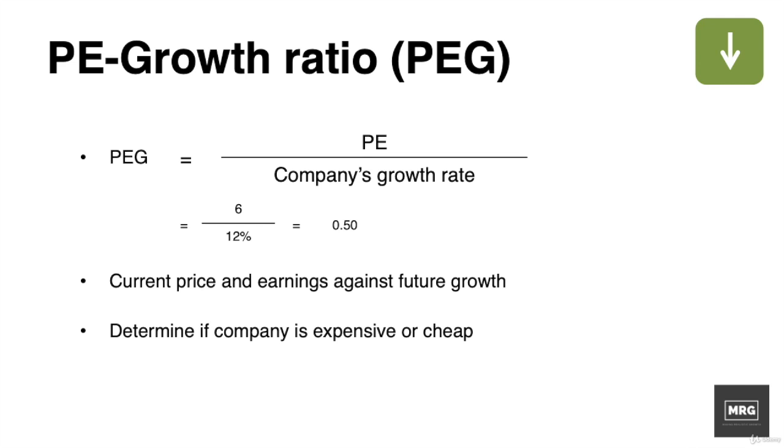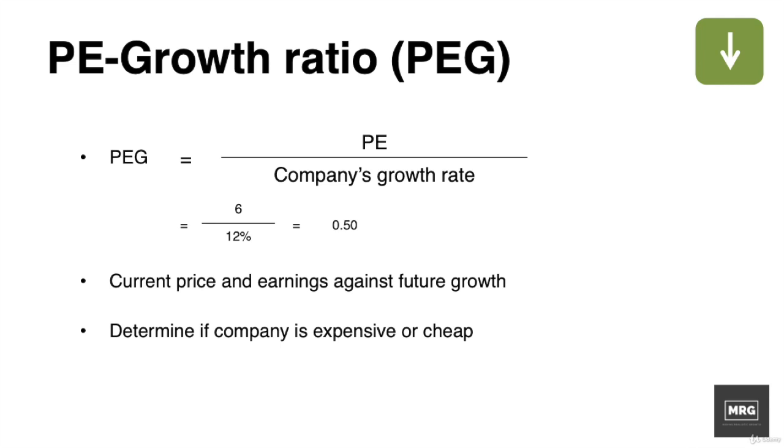However, the PE ratio by itself just tells you how many times more people are willing to pay for the company or the stock. More indicatively, you should look at the PE to growth ratio, or PEG. The formula is quite straightforward. You take the PE ratio as we calculated previously and divide it by the company's growth rate, future growth rate to be more specific.